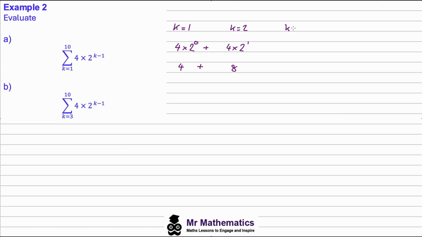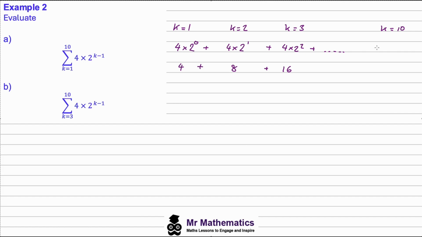And then when k equals 3, we'll have 2 to the power of 3 take away 1, so 2 to the power of 2, and this works out as 4 times 4, which is 16. And then we would carry on all the way to k equals 10.